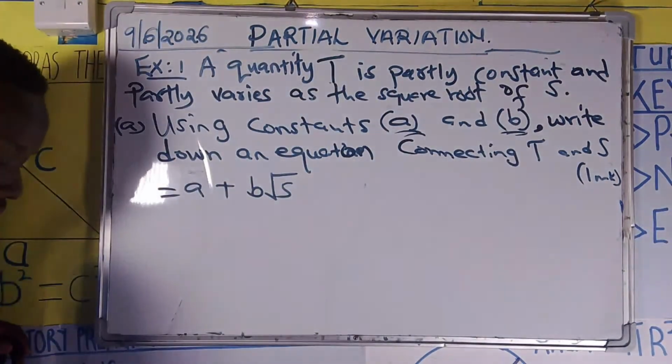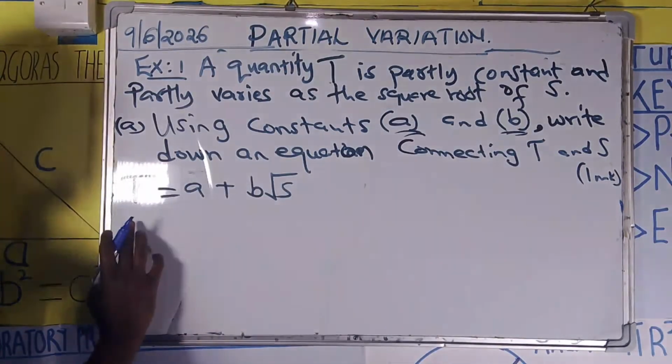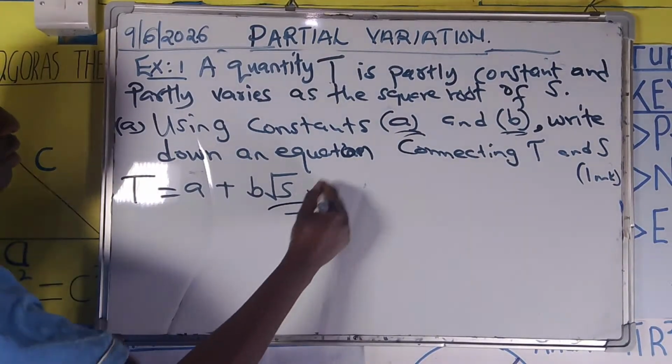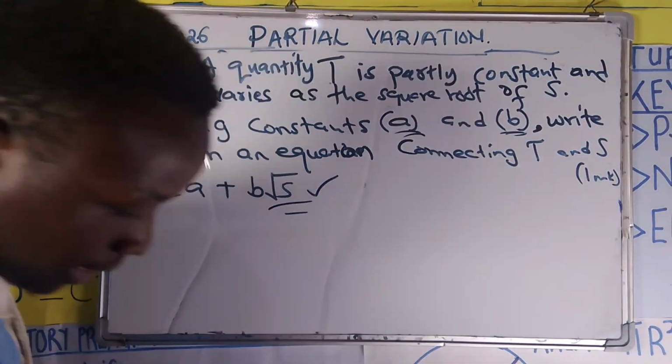So T is equal to A plus B root S. That is going to be our equation connecting T and S.